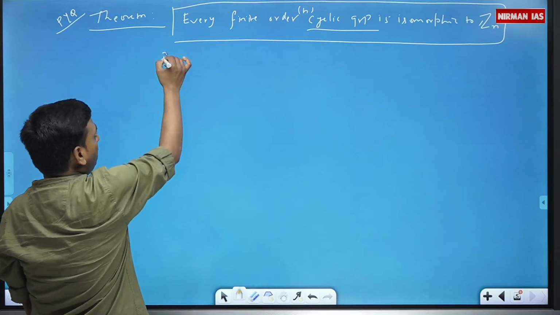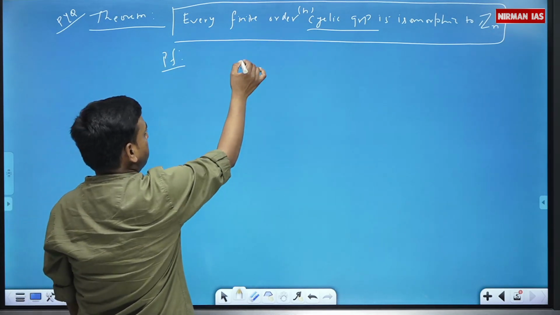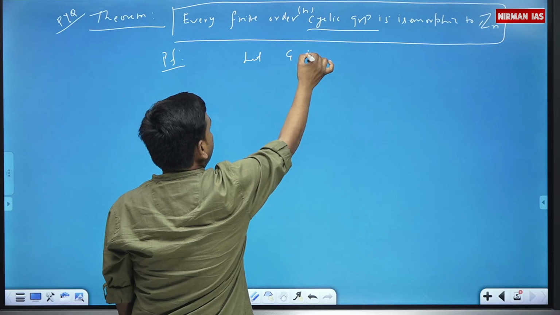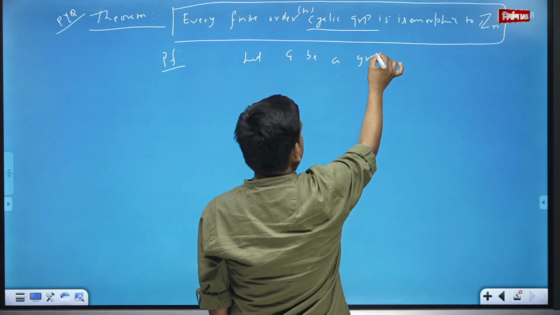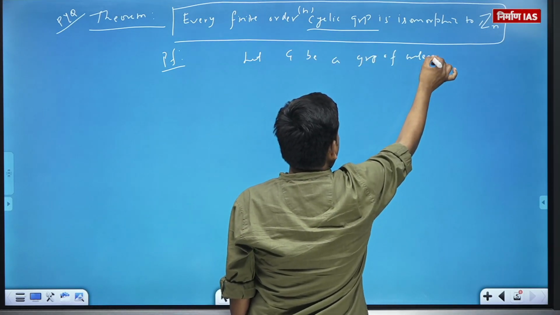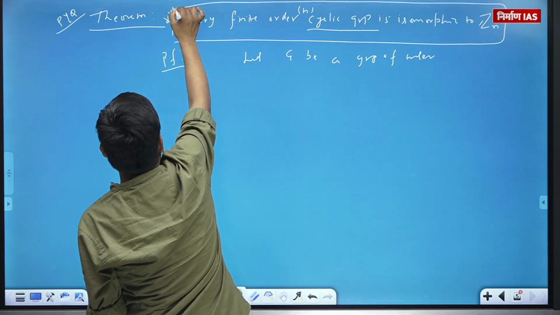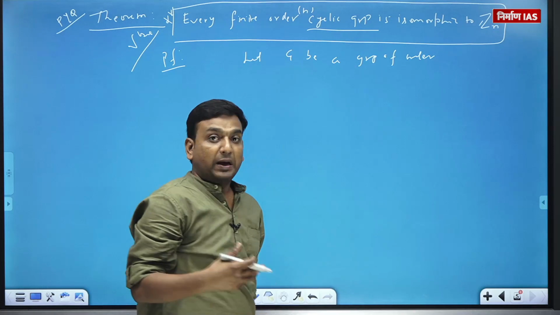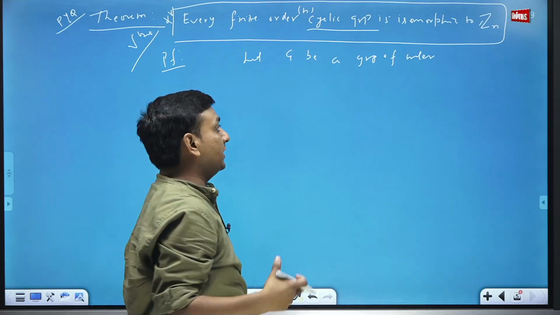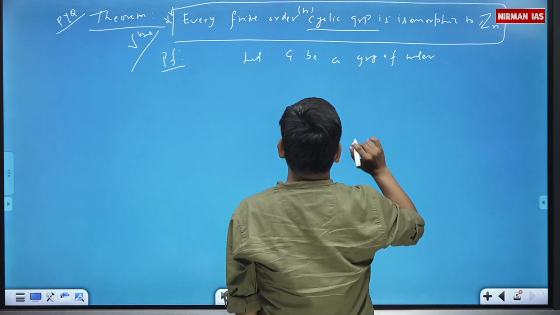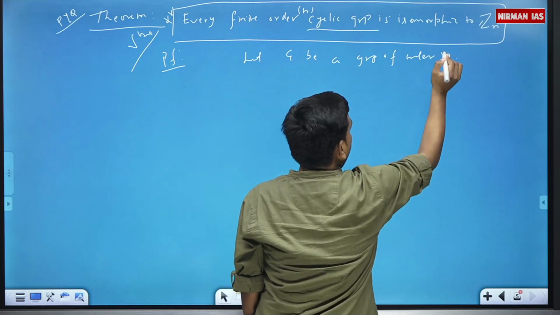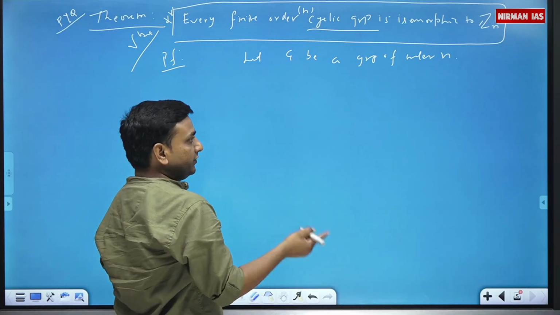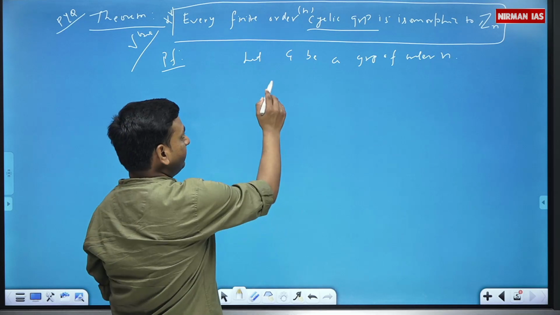So the proof is very simple. Please do remember this statement also, very important. Applications of this theorem are also done, or questions are asked directly in the CSE exam. Let G be a group of order n.